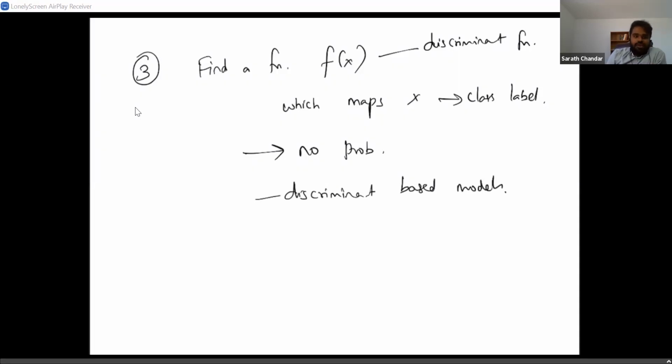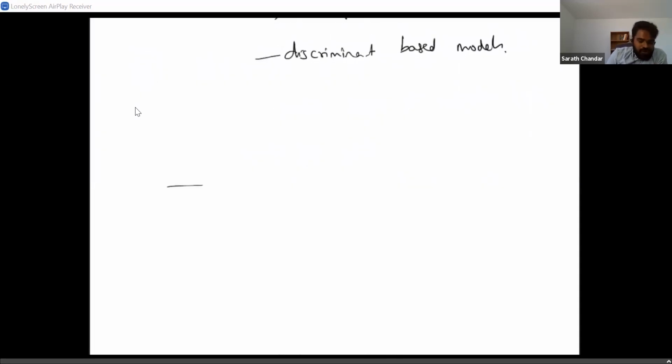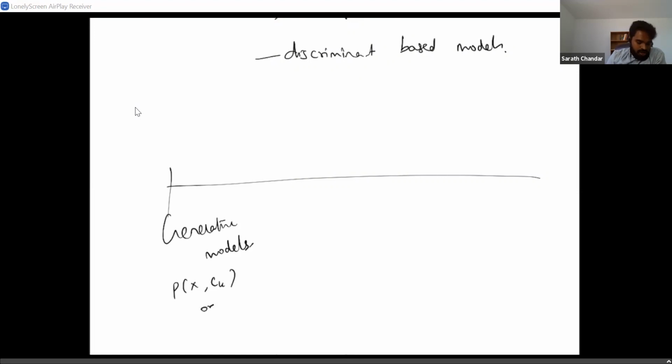Okay, so there is a spectrum of solutions actually. At one end, you have pure probabilistic models, right? So you have generative models, where the idea is to compute either P of x comma Ck, or P of Ck and P of x given Ck, and then use Bayes rule, right?